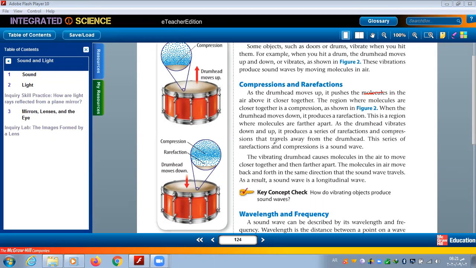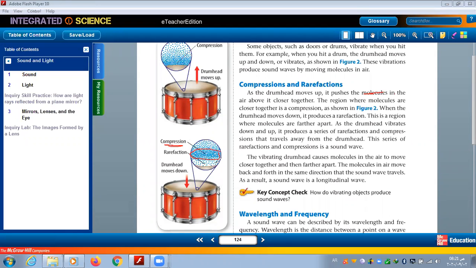Yes, excellent, excellent. So as you can see here, in this picture, at the middle here, you can see particles are getting near or close to each other. This region, we call it what? Compression, from compressed like pressure, okay? Then these particles can push the next particles, so the wave can move.